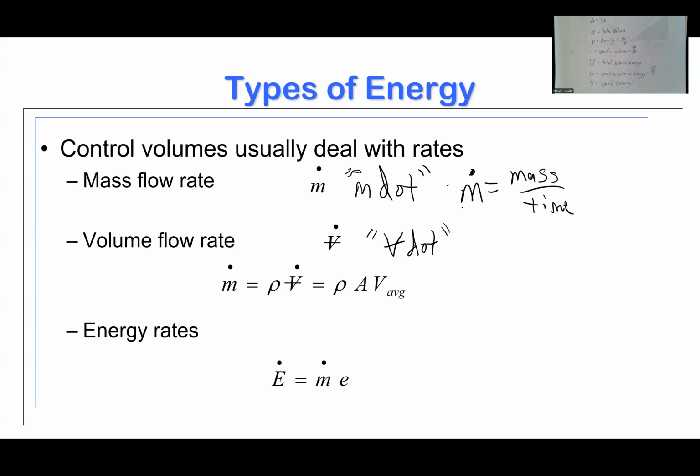Now, if I know my mass per unit volume, that is density, so this is mass per volume, and here I have volume per unit time, that's V dot. So if I take mass per volume, and I'm just going to go to the document camera and write this out. If I take density times V dot, that's going to give me M dot.